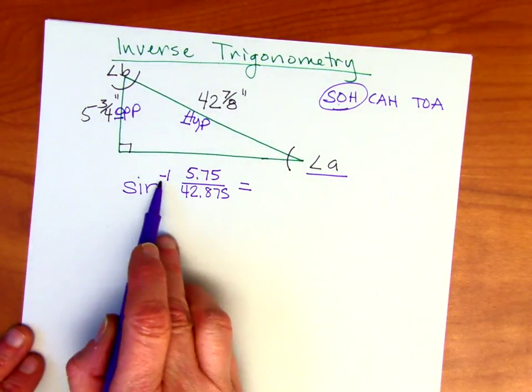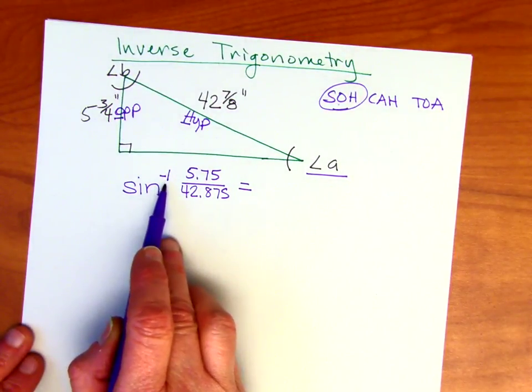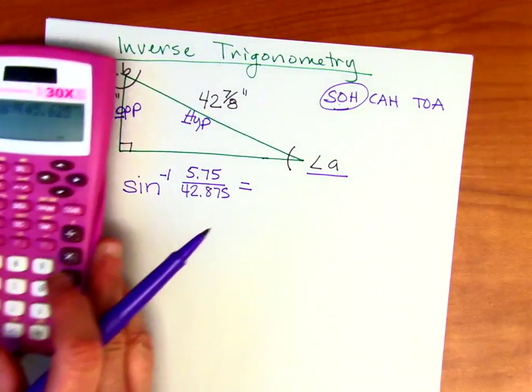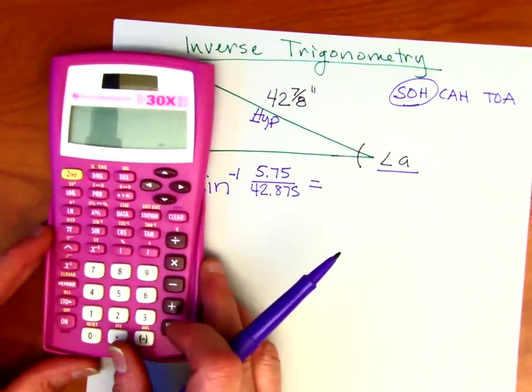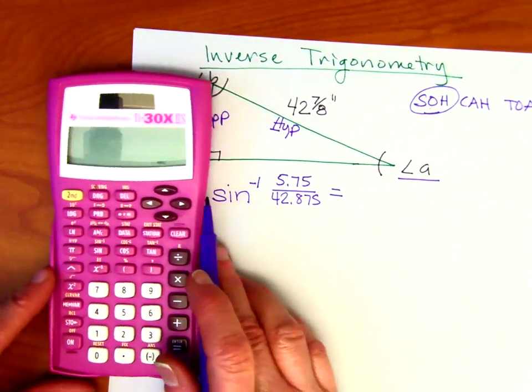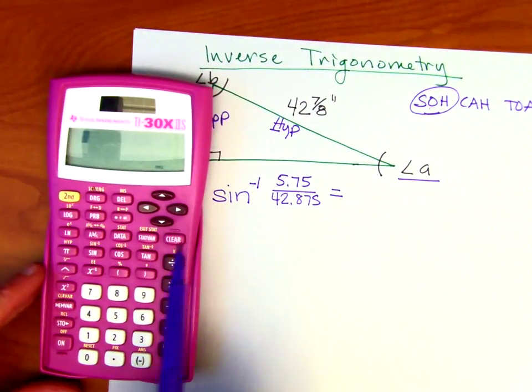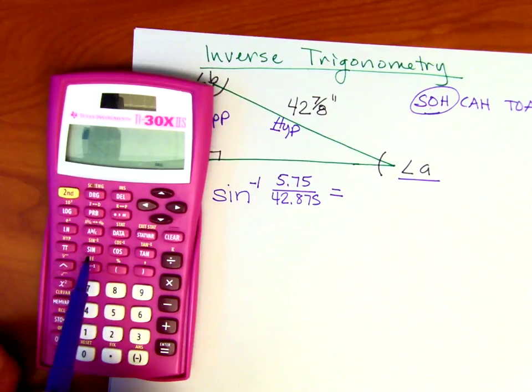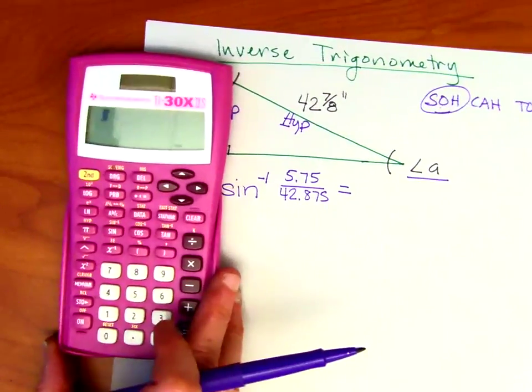So sin with that -1, that -1 is telling you that we're using the inverse sine function, and whenever we're doing inverse, that means we're looking for an angle. And then we just plug the numbers into the formula. So I'm going to go ahead and show you how to access that inverse function. Okay, we're going to go ahead and press the second key, and the reason for that is if you look at the sin button, and if you look above, let me see if I can zoom in here.